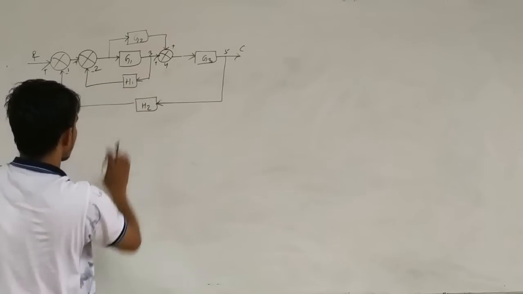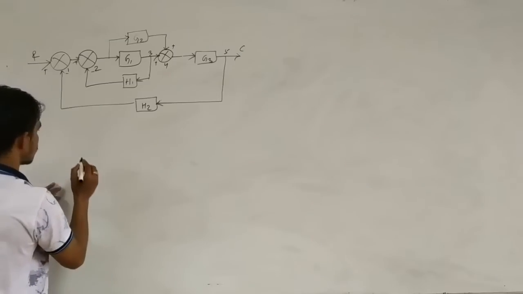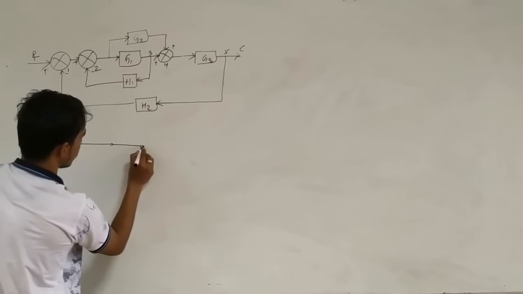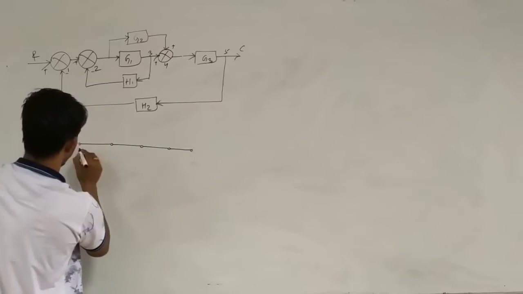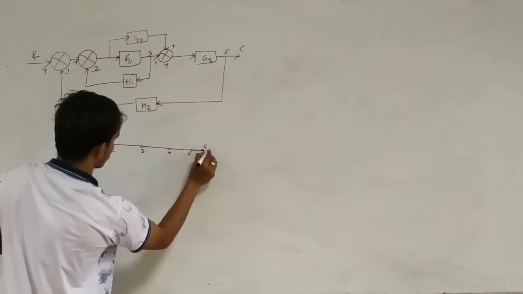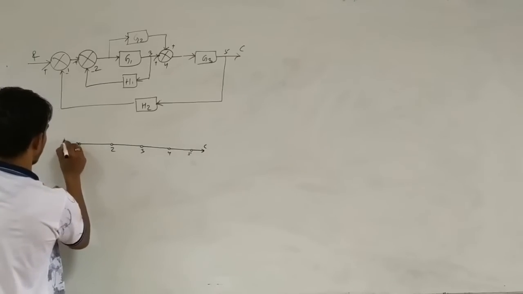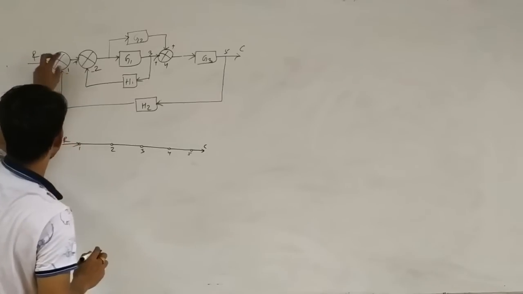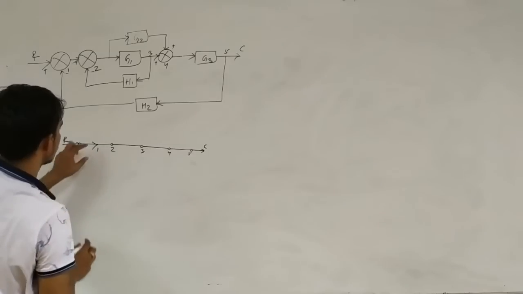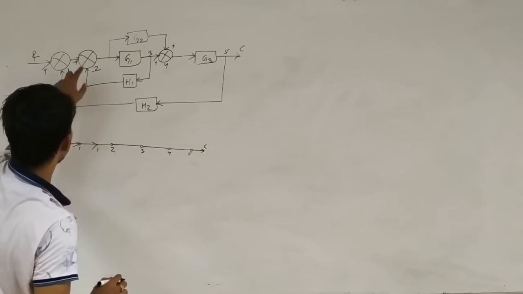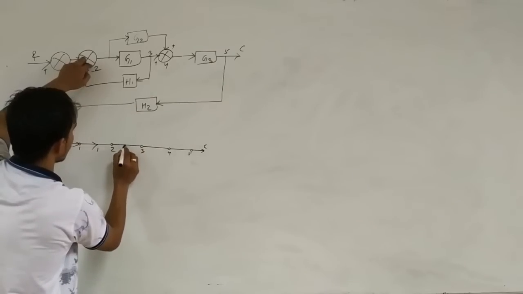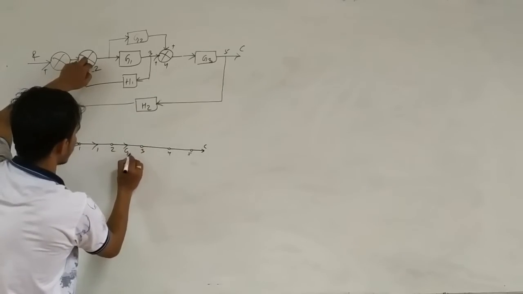So draw the signal flow graph now. How many nodes in total? 5 nodes: 1, 2, 3, 4, 5. Node 1 to 2 there is no transfer function, so consider it as unity, 1. Node 2 to 3, the gain is G1.